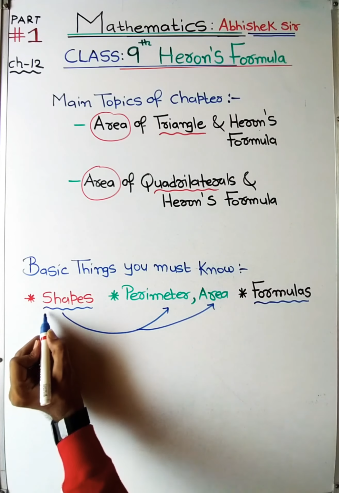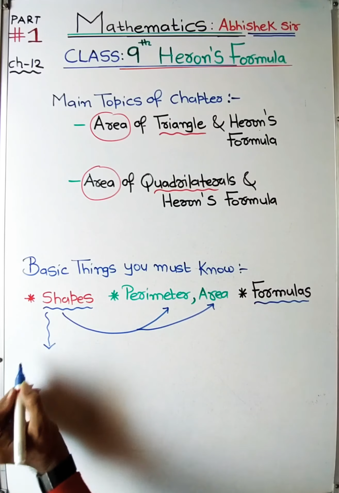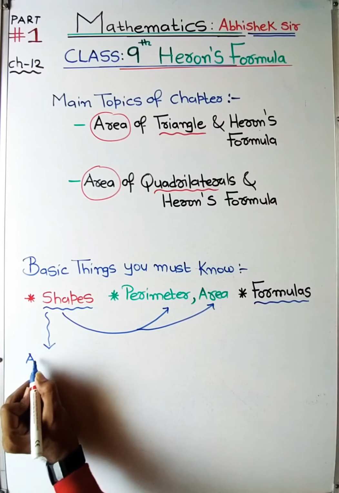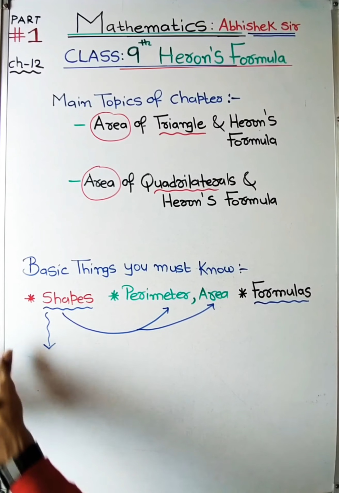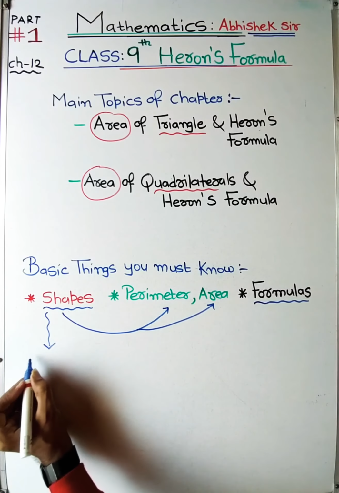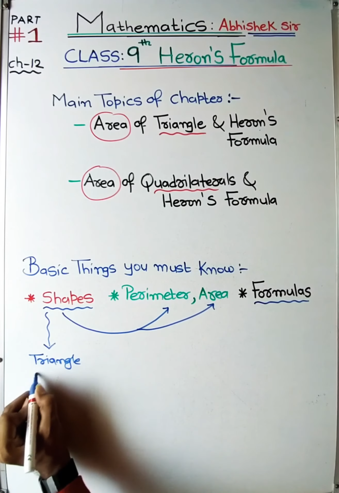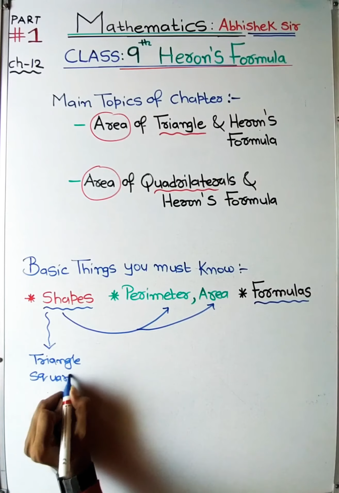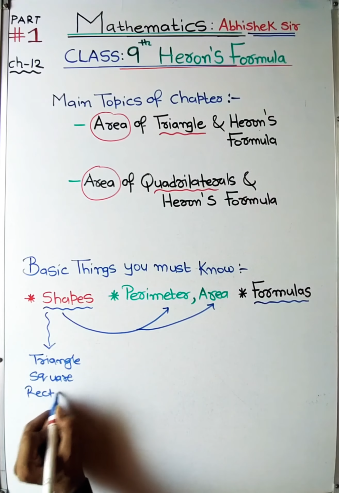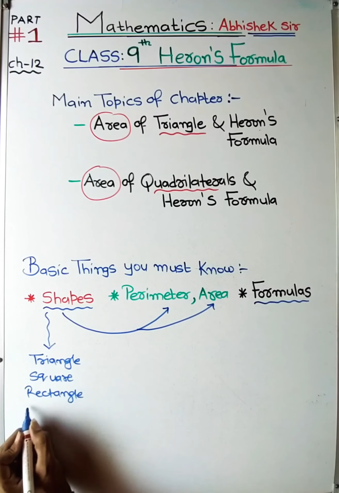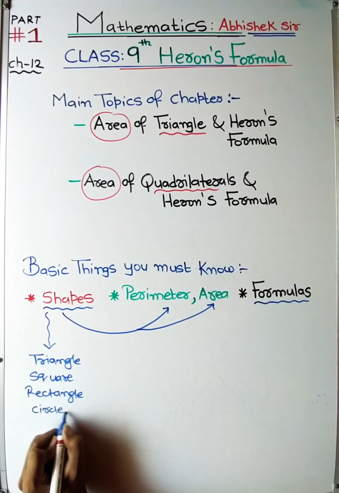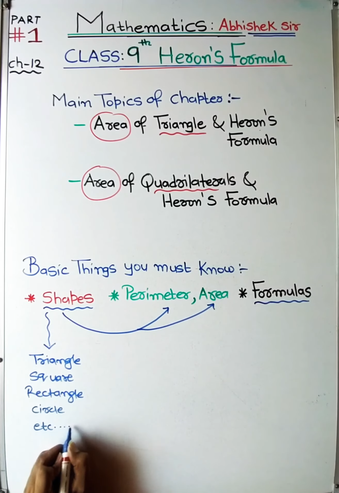So talking about shapes, it might be triangle, might be square, might be rectangle, might be circle, and so on.